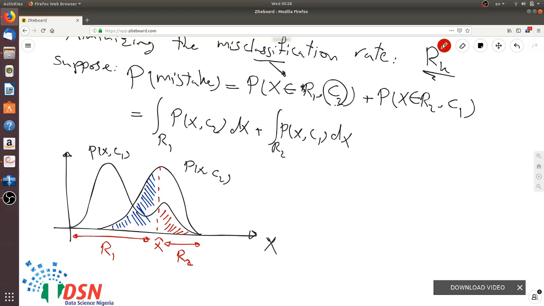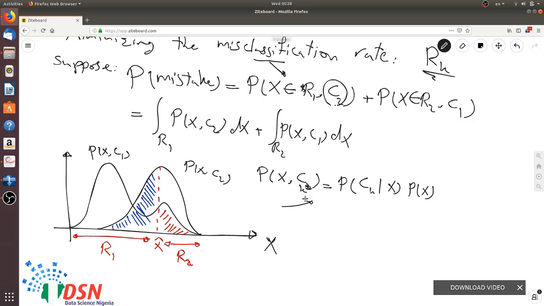For deciding, just note that we can write P of X and C_k equal to P of C_k given X times P of X. This is just using the product rule.